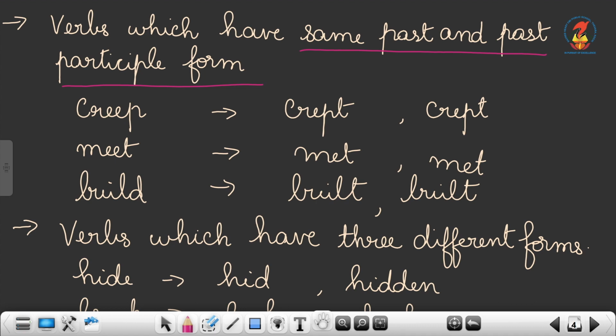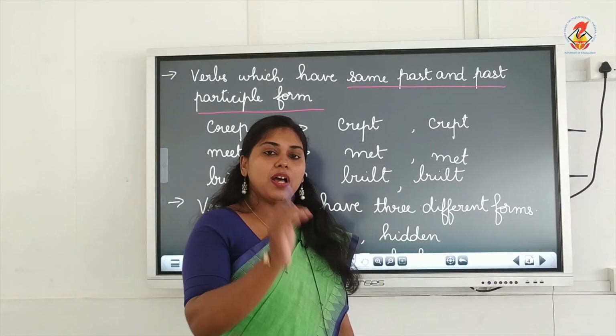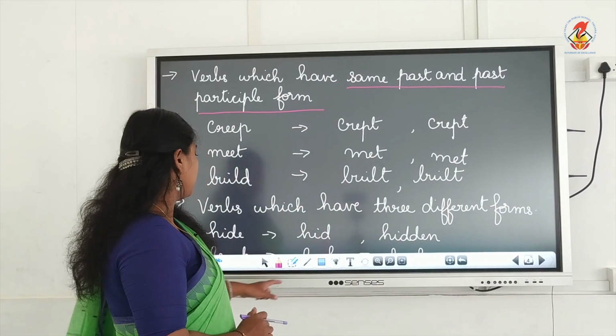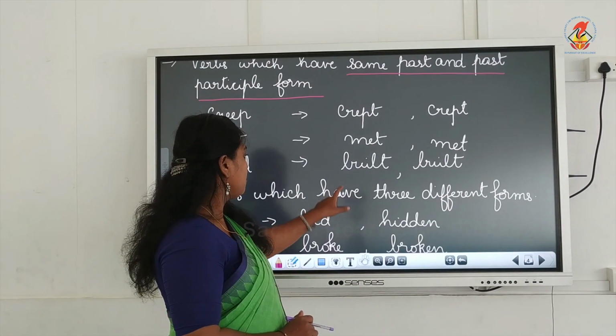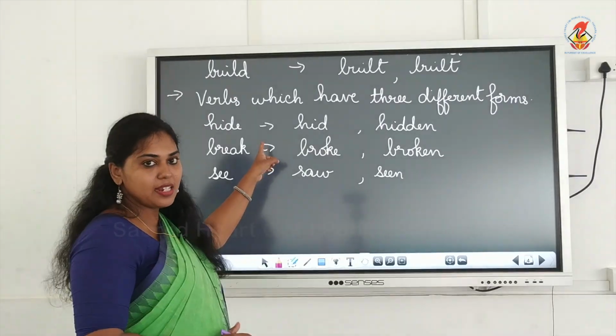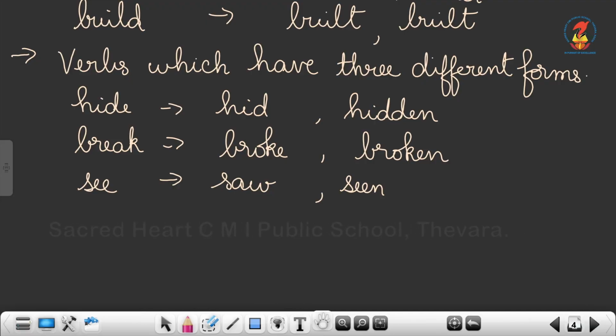Now there are some words which are entirely different. The present form, past form and past participle are entirely different. Such words are hide. Hide is the present form. Past form of hide is hid and past participle is hidden. Break, broke is the past form and broken is the past participle.